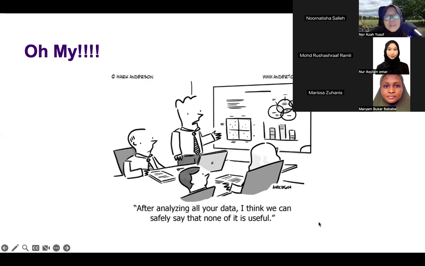So it's a blunder. This is something that we do not want, because it will have some effect on the actions after that. Since your data is nonsense, we cannot proceed with the next step. This is something that you do not want.